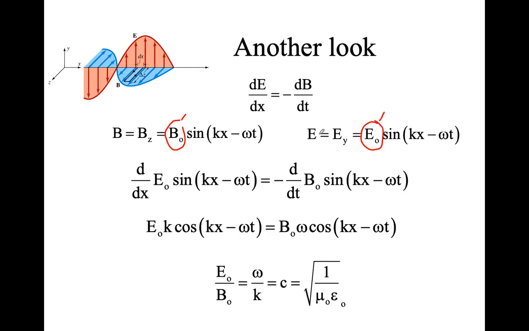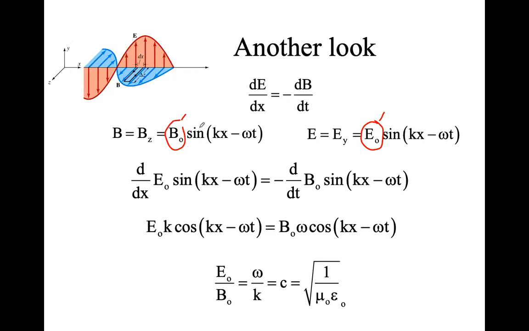If we believe that these two things are related, I can write electromagnetic waves as either an electric field, that's this reddish orange piece oriented in my y direction, or a magnetic field in the z direction, that's in phase with it. These two things are exactly the same at any point in time, at any point in space. The zeros are exactly the same, the maximums are exactly the same.